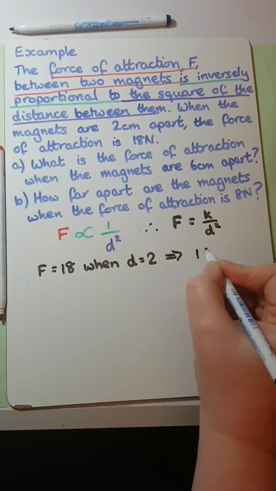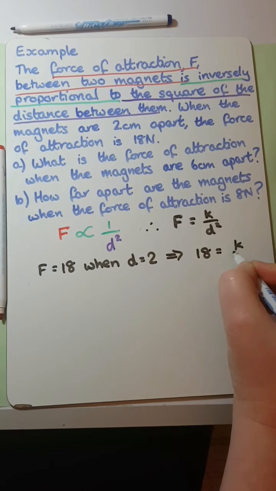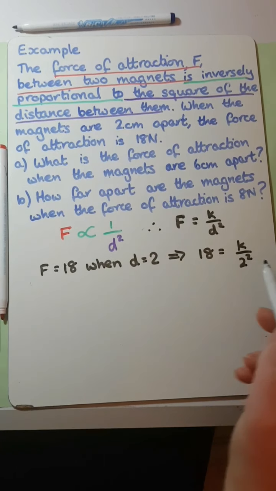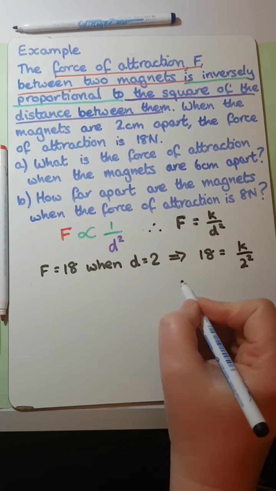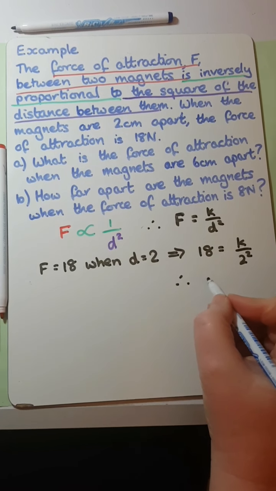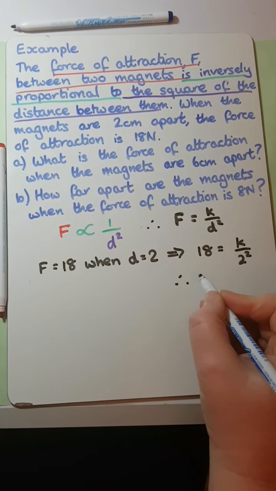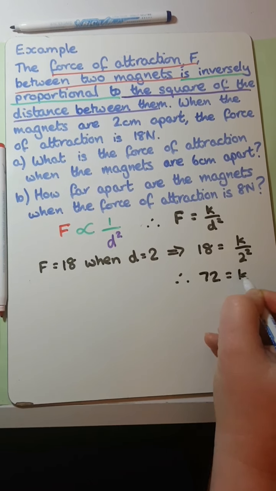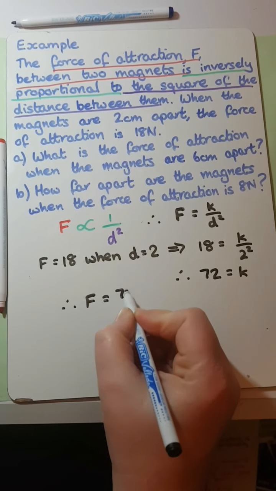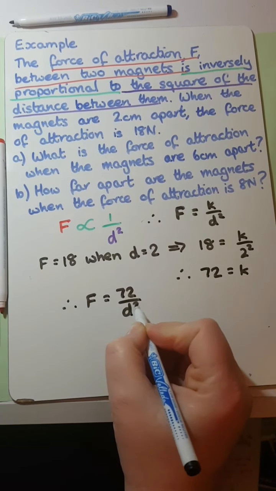So that's going to give me 18 equals k over 2 squared. 2 squared is 4. So that's going to give me that k is 18 times 4 because I'm going to multiply it across. And that's going to give me that 72 is equal to k. So I can say F equals 72 over d squared.